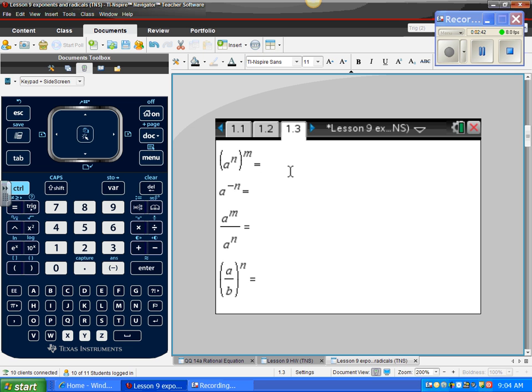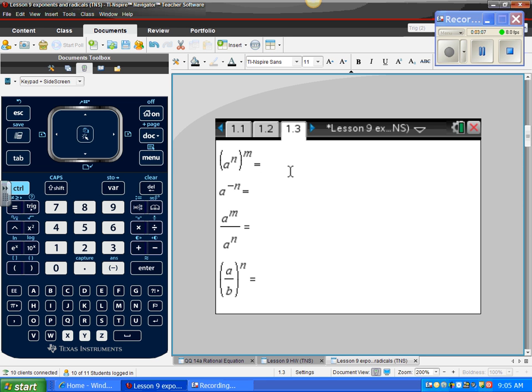A to the n raised to the mth. There's a trick to remembering this one. Are you ready for the trick? I'm only going to do it once. It's going to make me look like an idiot, but I guarantee you'll remember it. Ready? When you raise a power to a power, you multiply. Were you going to remember that? Because I just made a fool out of myself, right?